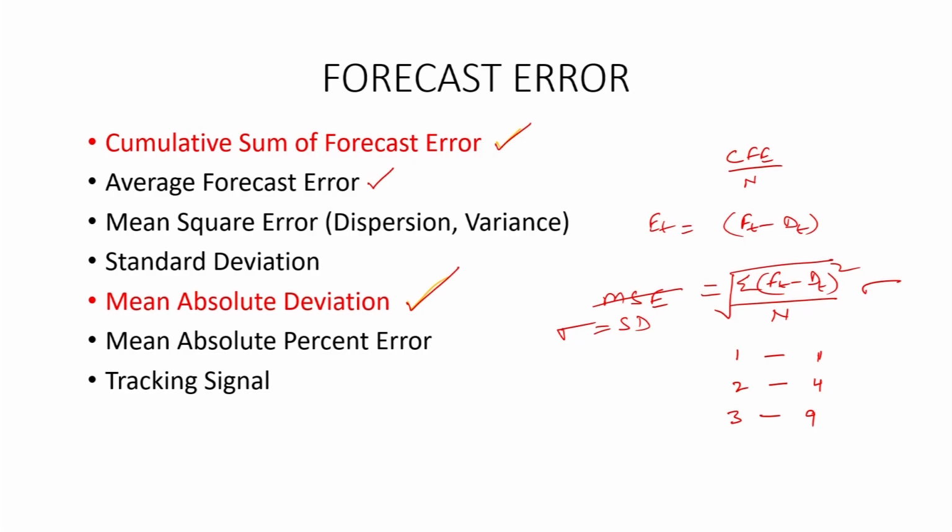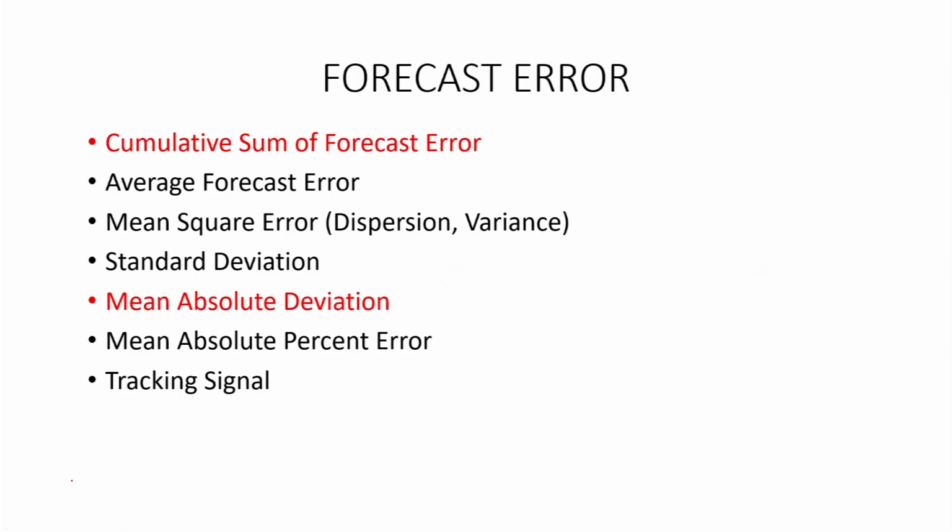I can talk about the mean percent error also. Let us see what is meant by mean absolute percent error. We have talked about mean absolute deviation. Mean absolute deviation was summation of absolute value of f t minus d t divided by n. Now, what is meant by mean absolute percent error?